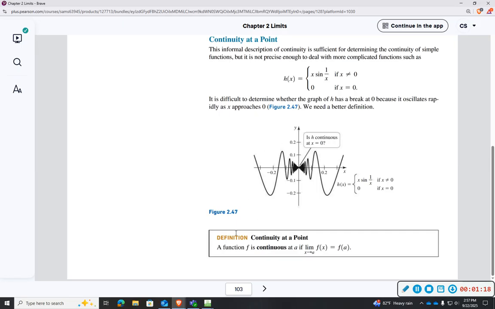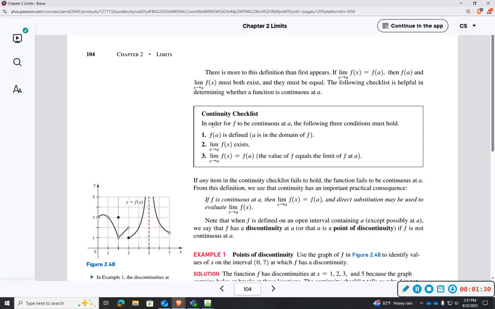So the first definition, continuity at a point. A function f is continuous at a if the limit of f of x as x goes to a is equal to f of a. Now this has more than one part, so that one definition really has three parts. Here's the checklist.